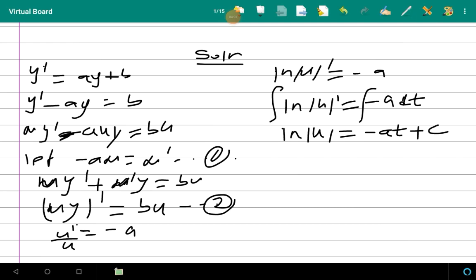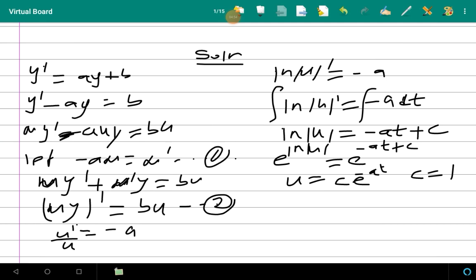Now take e on both sides, so e to the power ln u equals e to the power negative at plus c, and this means u equals c e to the power negative at, where c is equal to 1, implying that u will be equal to e to the power negative at.